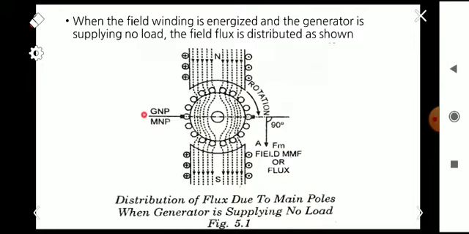The geometrical neutral plane is the physical axis of our machine itself, and the magnetic neutral plane will always be perpendicular to the resultant MMF produced. Here the magnetic neutral plane coincides with the geometrical neutral plane, and the MMF is perpendicular to that. This is the direction of the MMF.